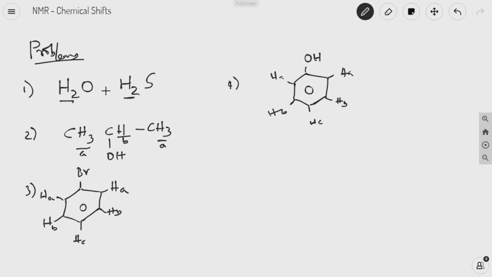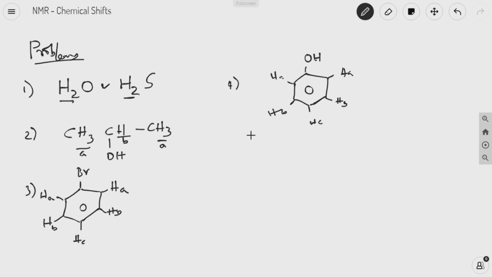I want you to compare the proton NMR del values in case of water and H2S. Then in the second case I want you to compare the values of the A kind of protons with the underlined B kind of proton. Again in case 3 I want you to compare how the values of HA, HB and HC will be.